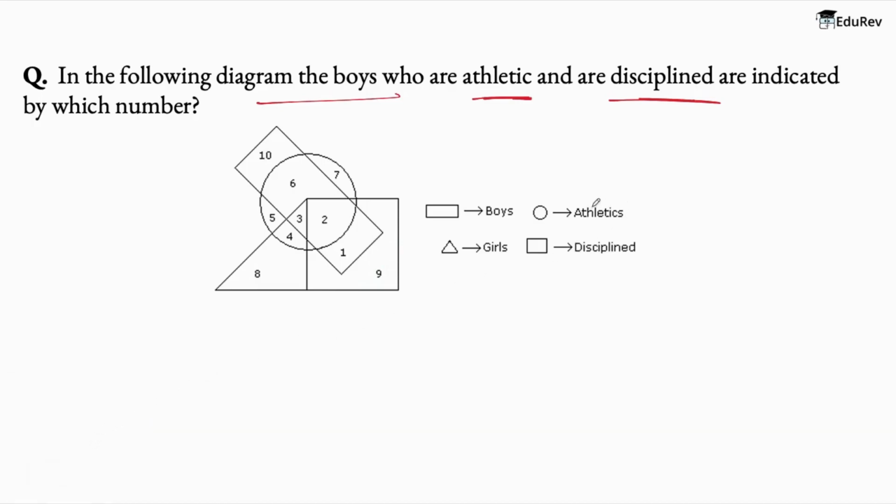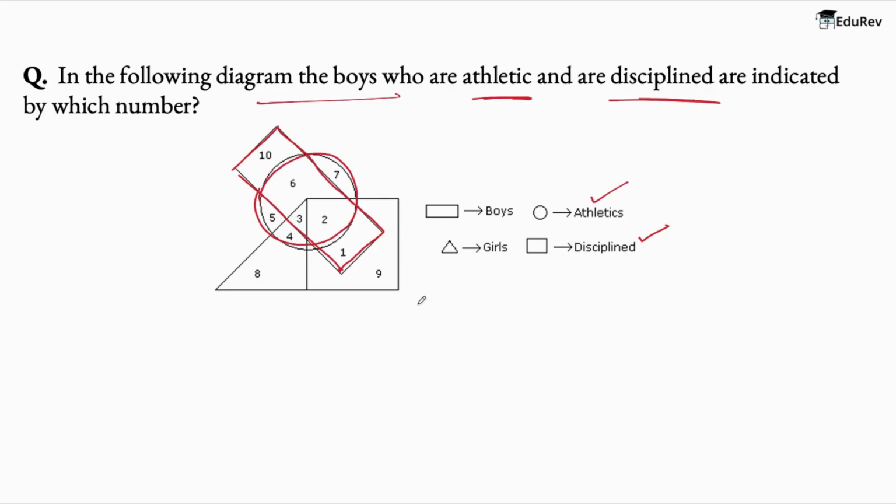Okay. So when I see this, athletic is represented by a circle and disciplined is represented by a rectangle. So this is basically the rectangle which we are talking about. This is the rectangle which we are talking about. And this is the circle which we are talking about. So I basically need to find out the numbers which are represented by both of these.